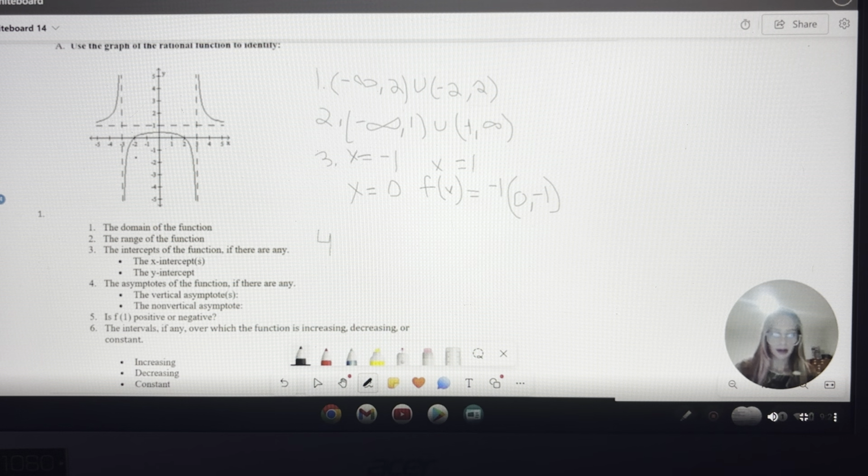So that would be negative 2, and just 2. Negative 2 and 2. So it's just going to be x equals negative 2 and x equals 2.